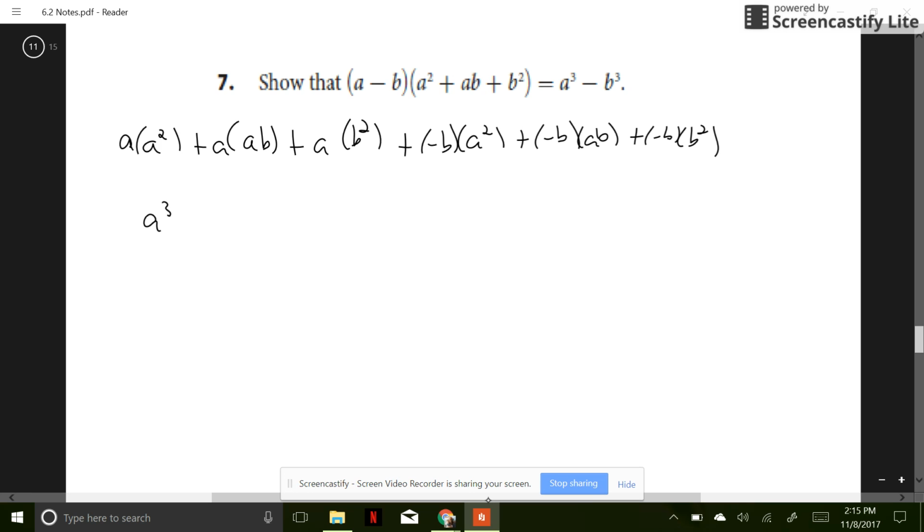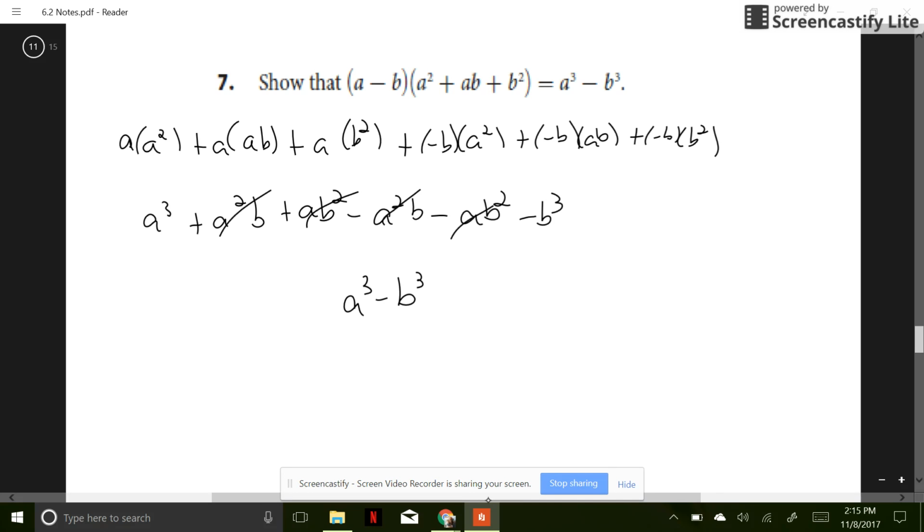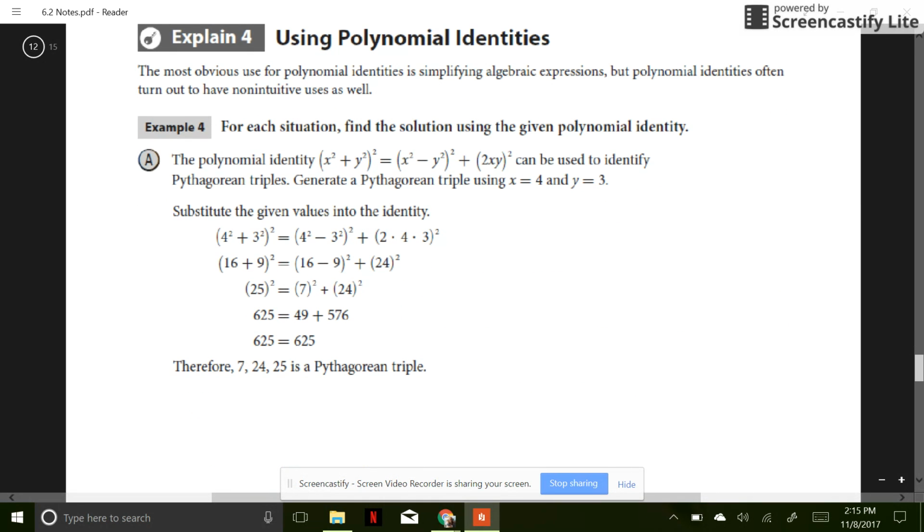So that gives us a cubed, a squared b, ab squared, minus a squared b, minus ab squared, minus b cubed. Again, the middle terms are canceling. We're left with a cubed minus b cubed, which is the same thing as the right-hand side of the equation, so we have proven the identity.